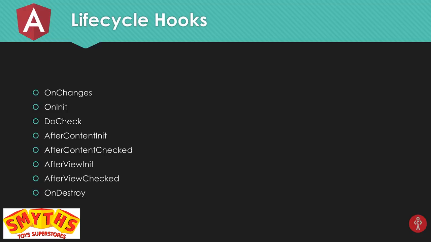The next lifecycle hook we have is ngDoCheck, and it is fired by Angular when Angular thinks that there is a change, right? Angular itself has some sort of detector which detects the changes behind the scenes, because that's how things work.